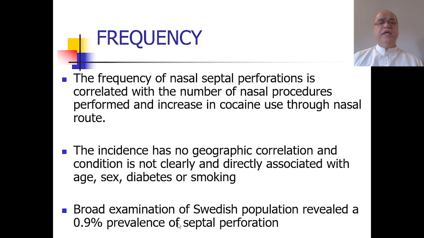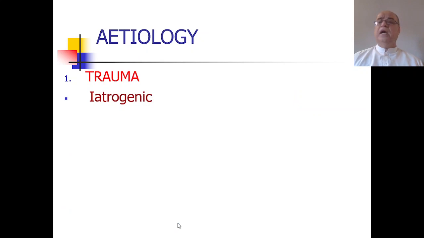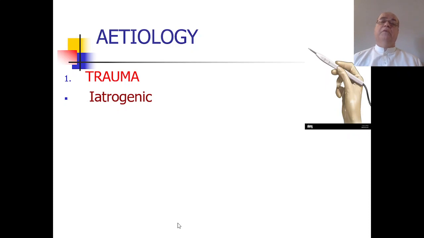As far as the etiology is concerned, as I just mentioned, iatrogenic trauma is the most common cause, and then there can be different kinds of trauma. Out of that trauma group, iatrogenic is the most common. Again, that is related with septal surgeries, especially SMR or septoplasty, or bilateral nasal cautery frequently done for the control of, say, epistaxis.